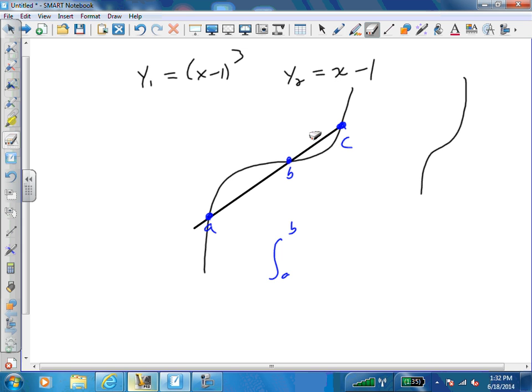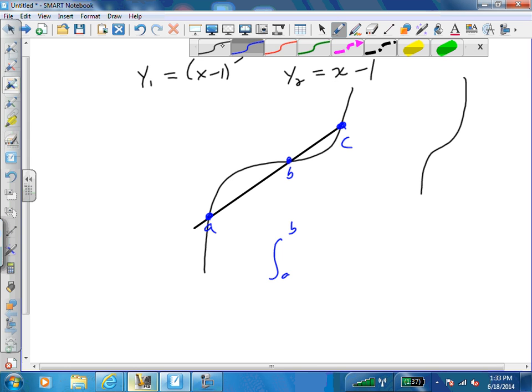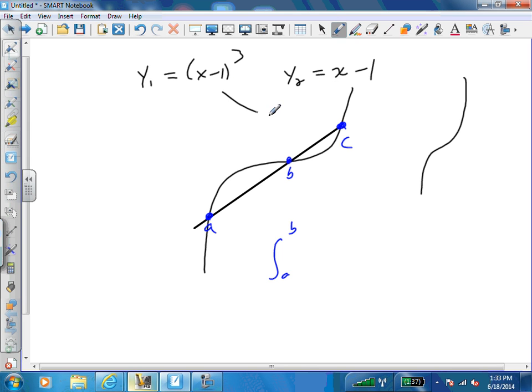How do I find where two equations intersect? They intersect where they're equal. So if we want to find these points of intersection, we want to find out when that's equal to that.